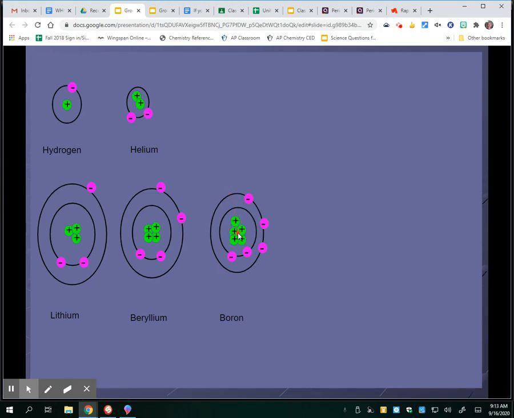We have 5 protons in the nucleus. We still have 2 energy levels, but the valence electrons in that second energy level are more attracted because we have a more positive nucleus. So the magnitude of that charge is going to play a role here. Then we've got carbon, which is even smaller because we have an even more positive nucleus.